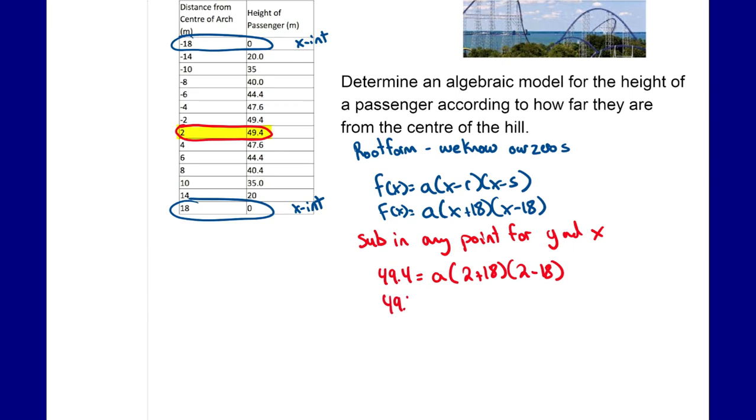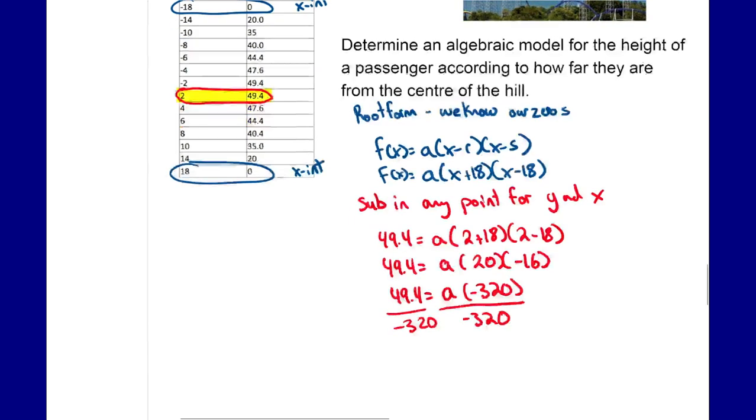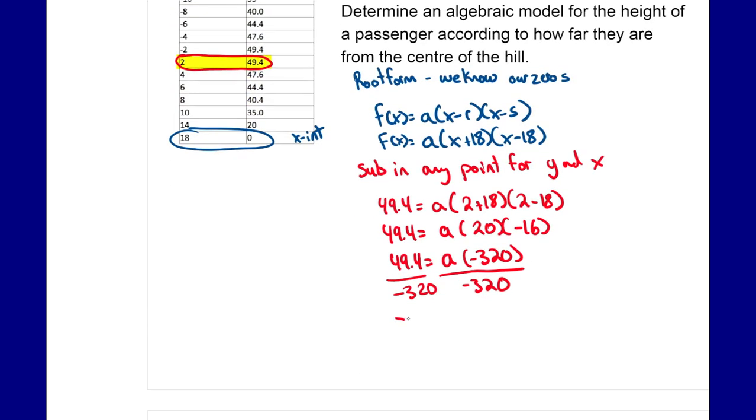I get 49.4 is equal to a times 20 times negative 16. 49.4 is equal to a times negative 320, divided by negative 320 on both sides to get it by itself. And I get negative 0.154, we'll round it to there, equal to a.